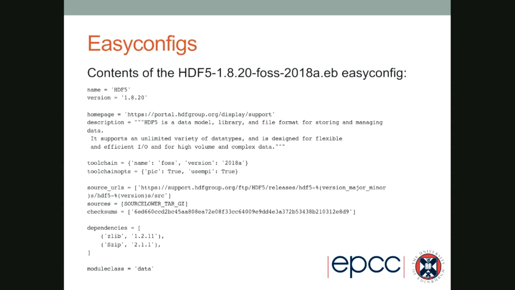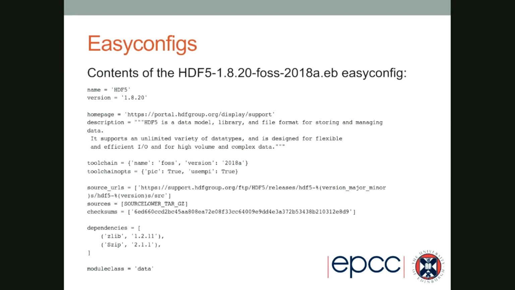And of course, something important is you can see there the dependencies being listed. Just got a question: when to use Spack, when to use EasyBuild? That's what we're going to cover at the very end of the talk, because I think there are enough differences that sometimes you'd want to use one and then the other. Yes, so the second from last thing you can see in this Easyconfig is this dependencies section where it's listed zlib and szip and versions for them.